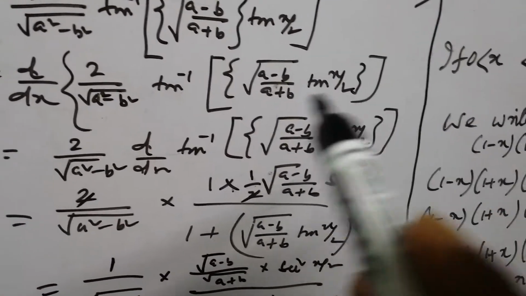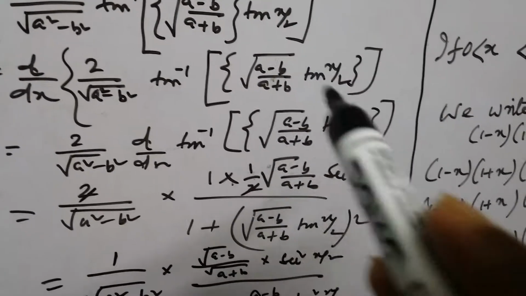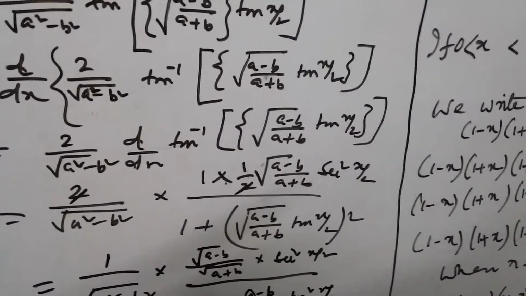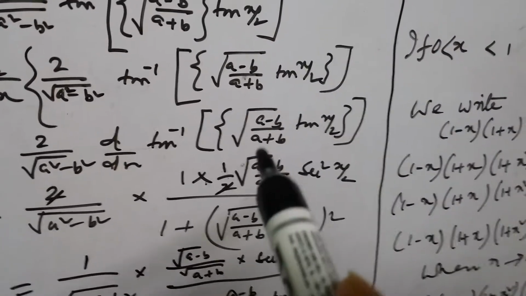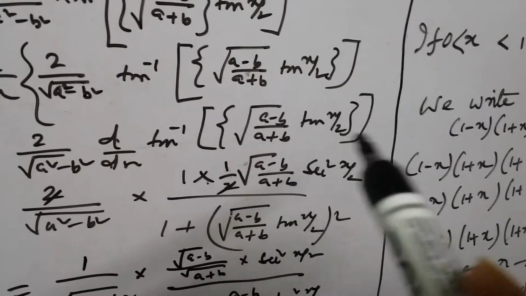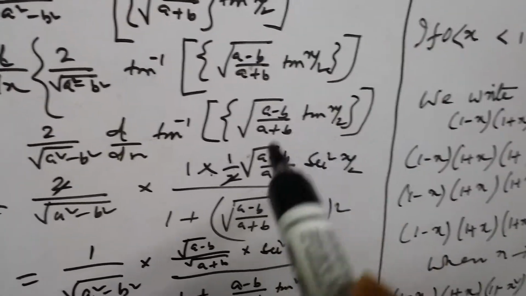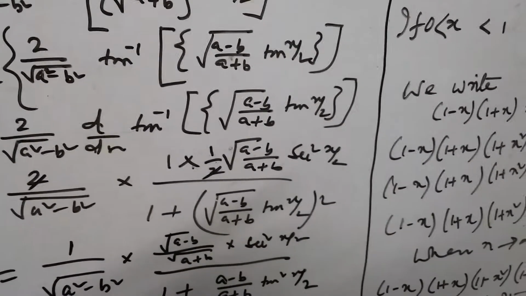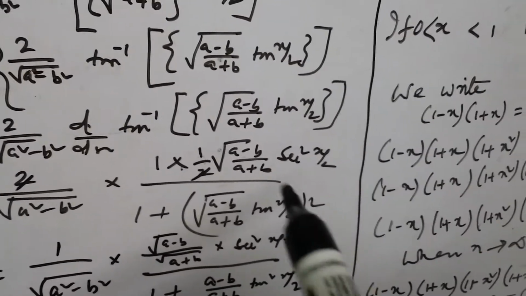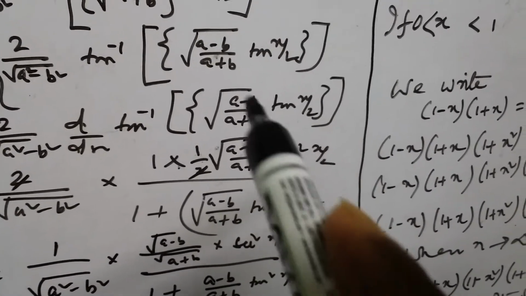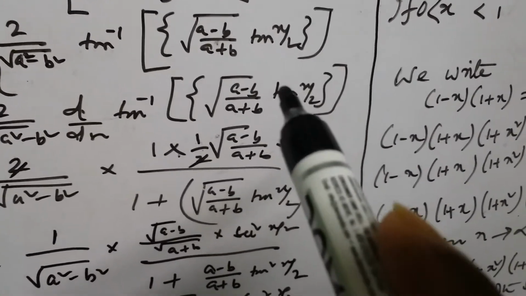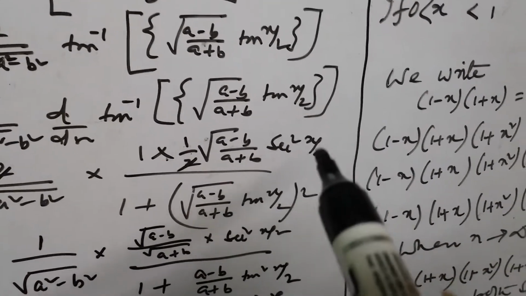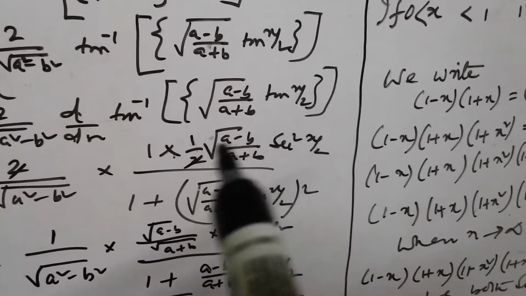We know the derivative of tan inverse z is 1 by 1 plus z square. Now dz by dx: here z is root a minus b by a plus b tan x by 2. Its derivative is root a minus b by a plus b outside, and the derivative of tan x by 2 is sec square x by 2, and the derivative of x by 2 is half.